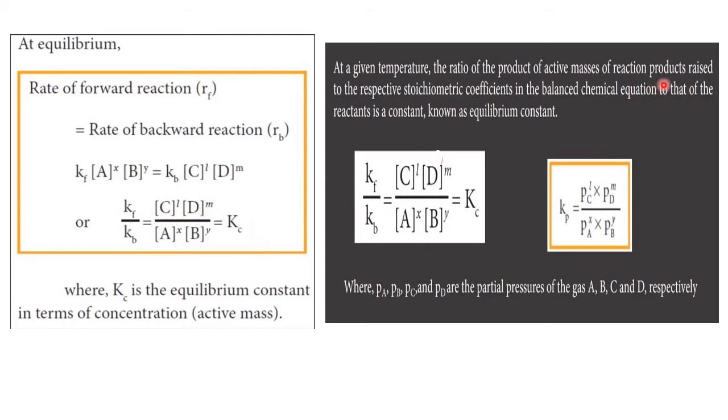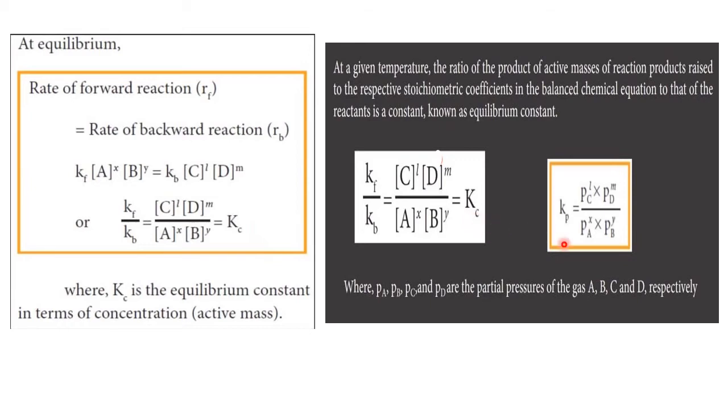In the numerator, the product represents the concentration of C into the concentration of D. So the ratio of product of active masses of the reaction products raised to the respective stoichiometric coefficients L and M in the balanced equation, to that of the reactants A and B, is a constant called the equilibrium constant. So Kf by Kb is equal to C power L into D power M divided by A power X into B power Y, which is equal to Kc.